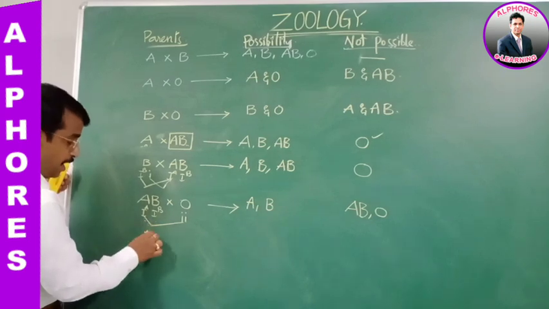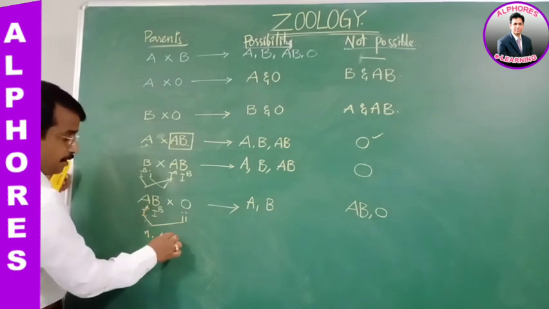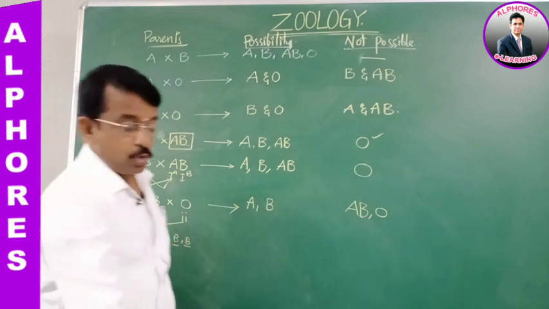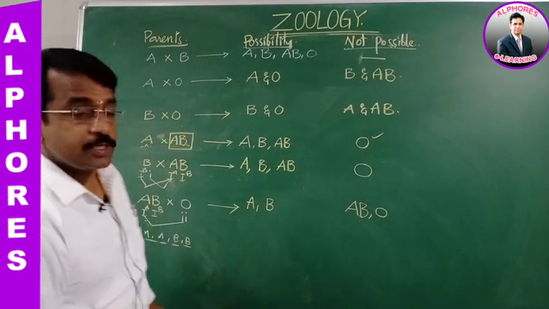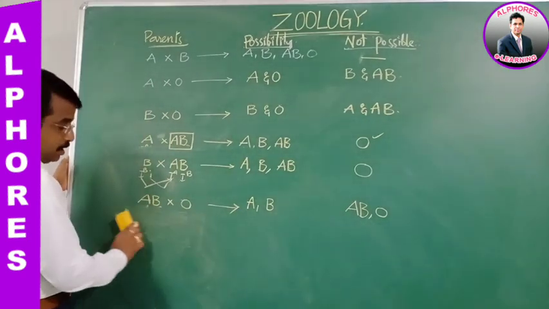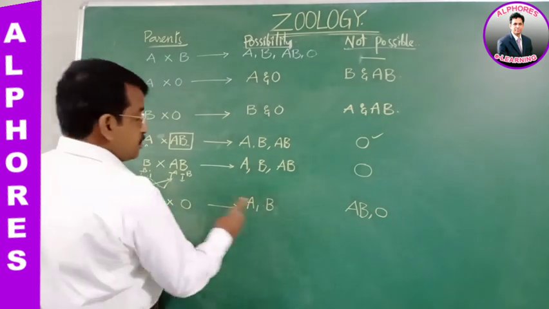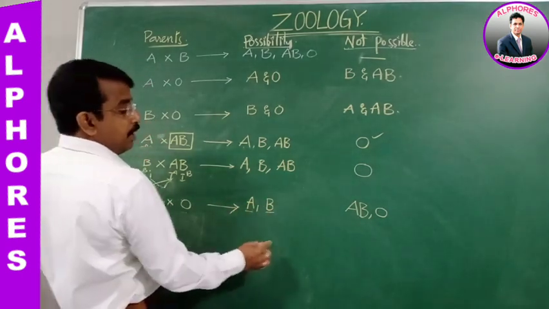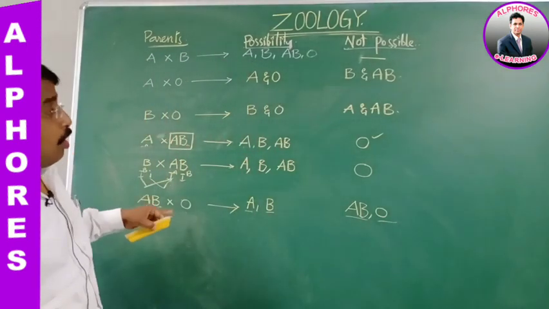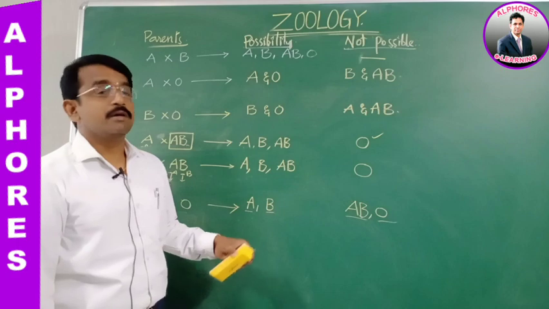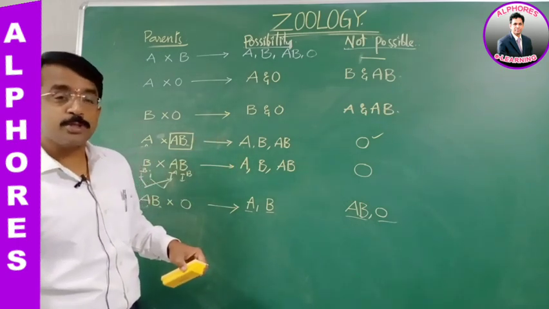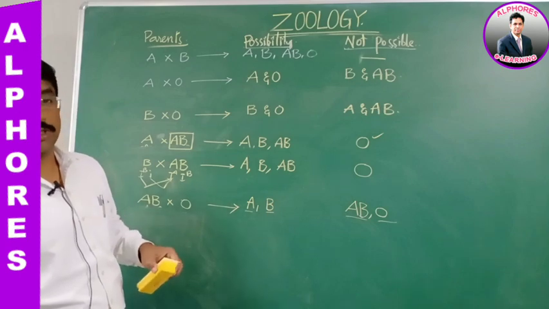So A and A, B and B. Is it right? So what we find here is that for the AB and O parental generation, only A and B are possible, and AB and O are not possible. This is all the possibilities, the exercise on the ABO blood grouping system.